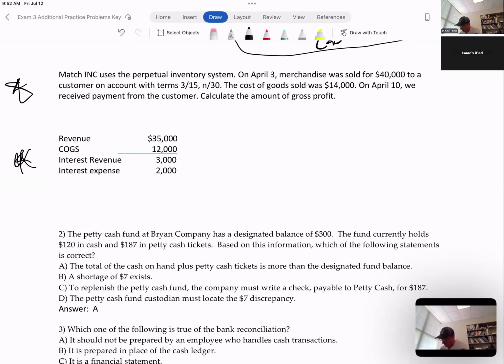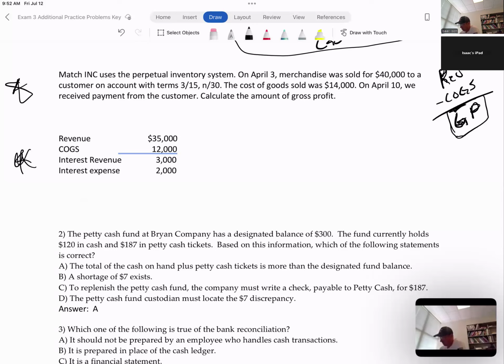So this one here is calculating the amount of gross profit. Remember, gross profit is simply sales revenue minus cost of goods sold. That gives you gross profit. That's a really important concept to understand if you're a business selling products, because this is what you're netting for every sale of an item.